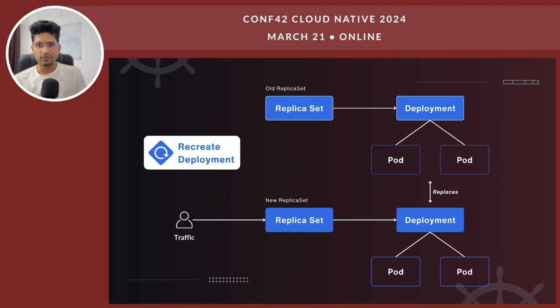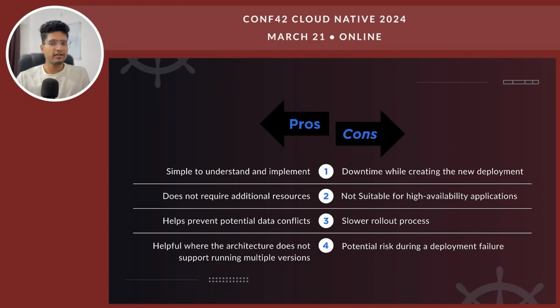First, the current deployment is deleted, then a new deployment is created, and then the user is redirected to the new deployment. So you can see a problem over here that while the deployment is happening, while the new deployment is being created, there is going to be a downtime and the user won't be able to interact with the application during the deployment. So here are the pros and cons of this deployment strategy.